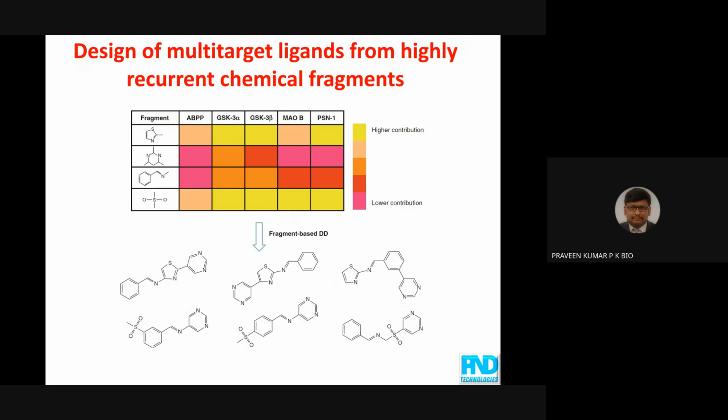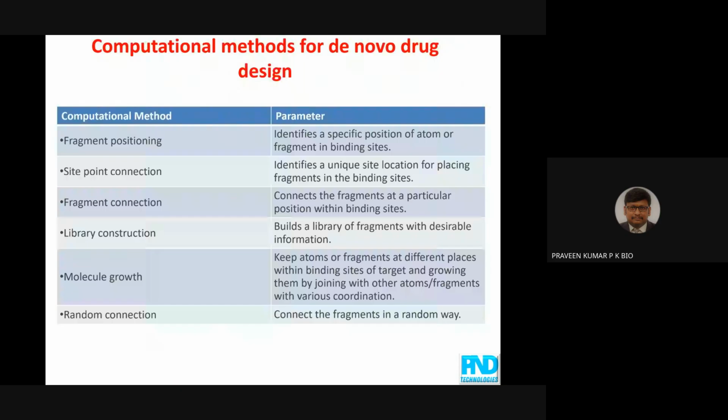For fragment-based drug design, we have plenty of tools. The best tool I can tell you is the Schrödinger package. In the Schrödinger package, we have exclusive tools for fragment-based drug design. One of my colleagues also mentored students to crack around 3.6 lakhs grant, I mean, the internship stipend for the students.